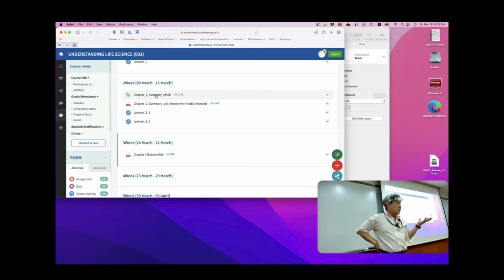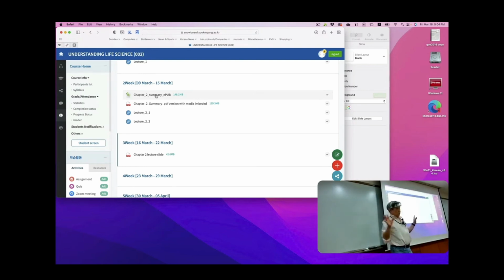Those who use Macintosh or iOS can easily click on this EPUB version, and that file will automatically go into the Books program.